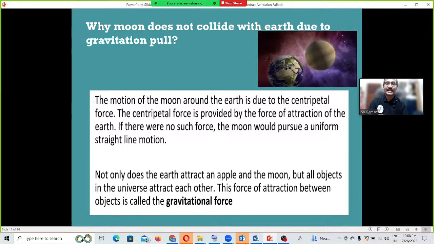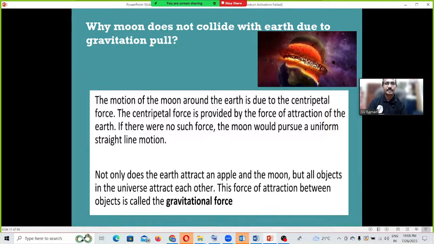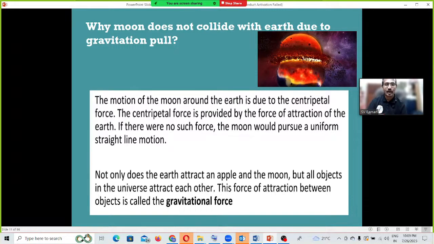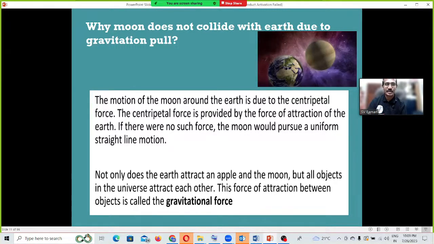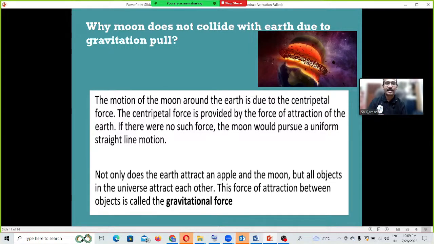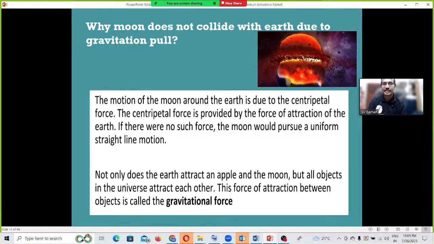This force of attraction between objects is called gravitational force. So now you understood that not only the earth attracts, but between any two objects there will be some force of attraction, which we call gravitational force.